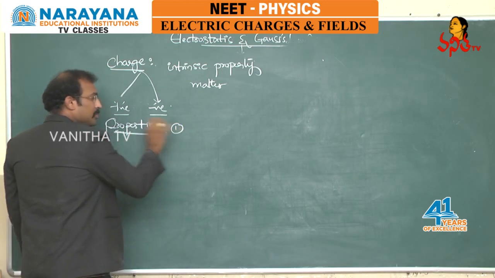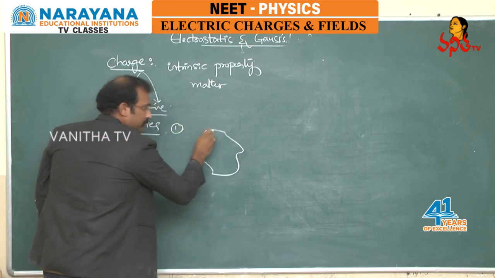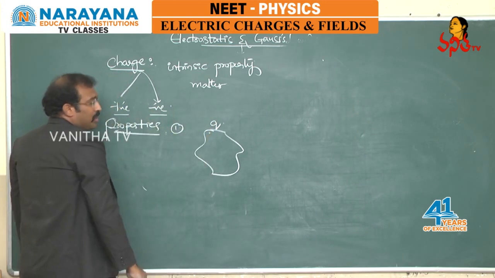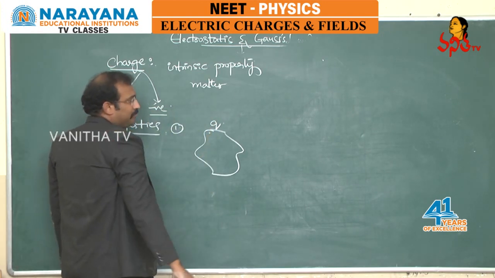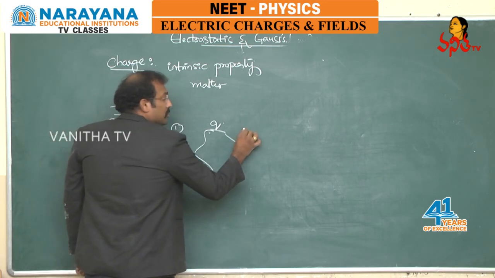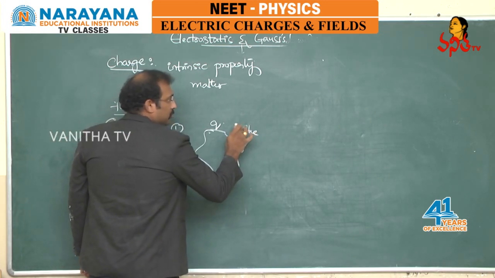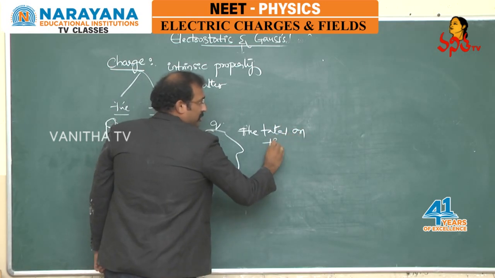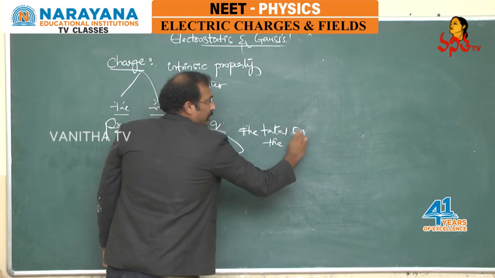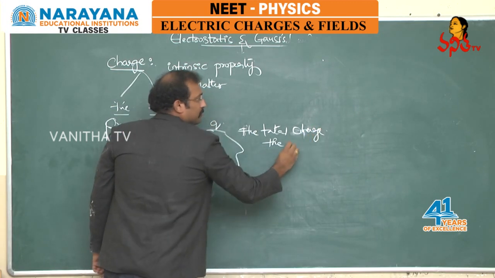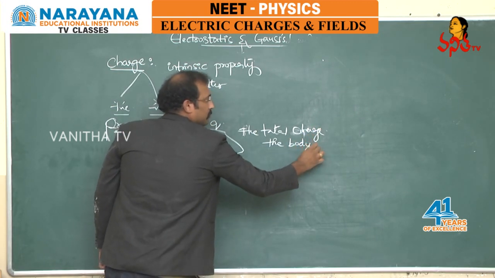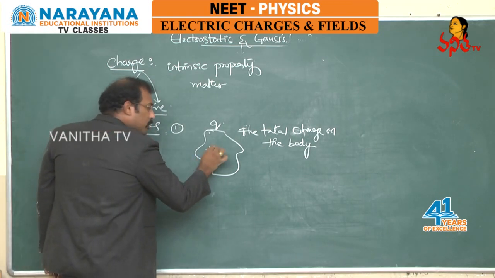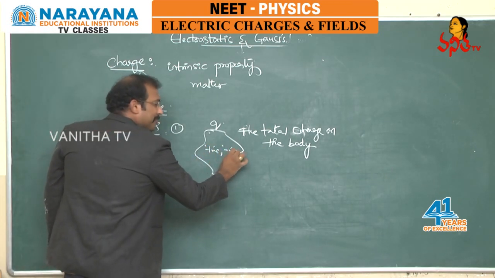The properties of this charge are, first one, suppose if I consider a body, this is charged Q. There will be both positive and negative. The total charge on the body is the sum of both positive as well as negative charges.